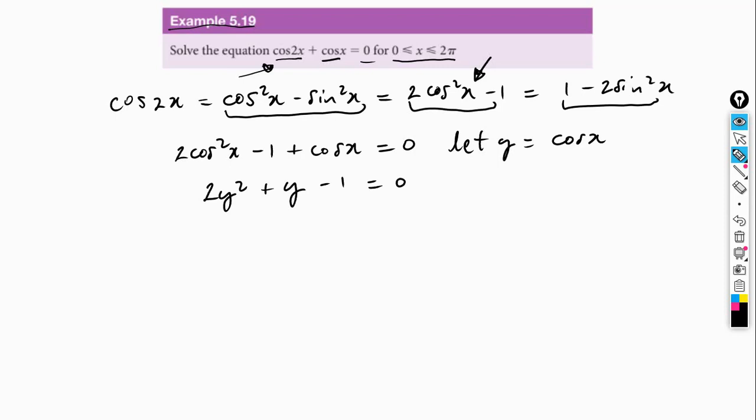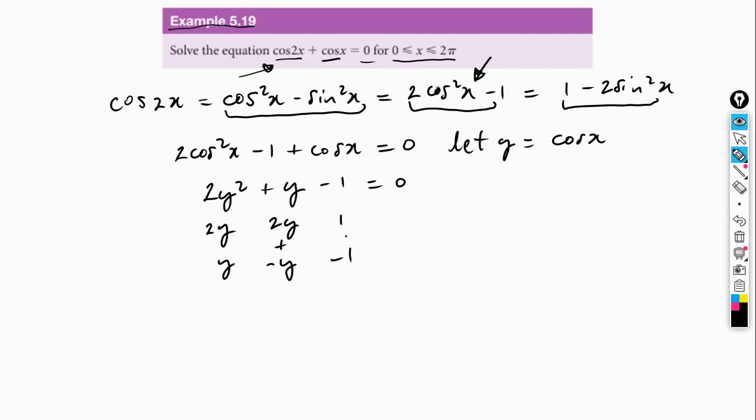And then here we can do a factorization by inspection. So notice that 2y times y is 2y squared. And then 1 times negative 1. And notice that if we multiply y times negative 1, that's minus y. And 2y times 1, that's 2y.